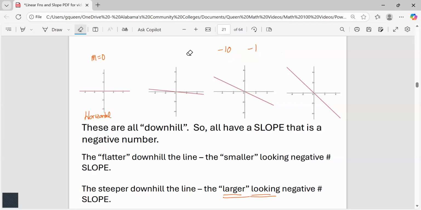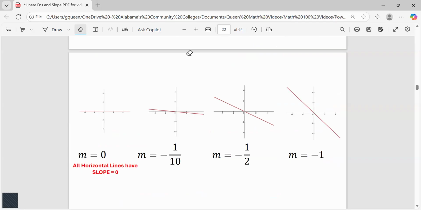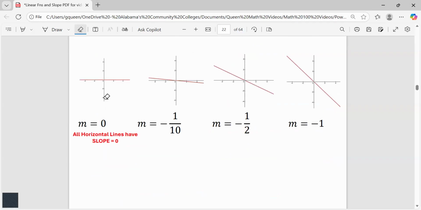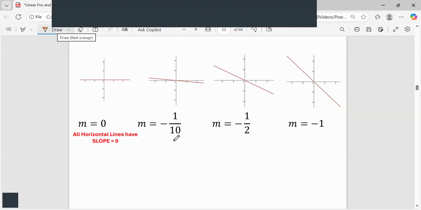Okay. All right. So let's see if we can quantify this. So here, the first one is horizontal. It has a 0 slope. The second line is just barely downhill. It's almost horizontal, just barely tilted downhill. It has a very tiny negative number, -1/10. The third line is more downhill, so it has a larger negative number.